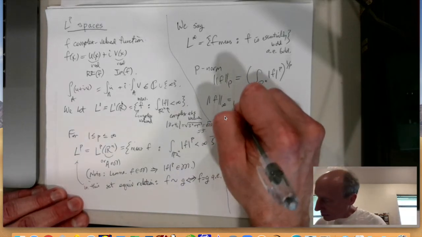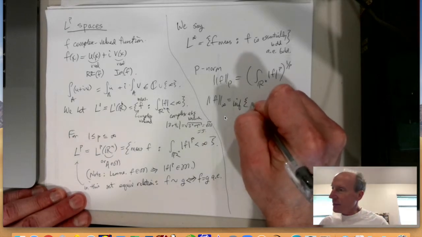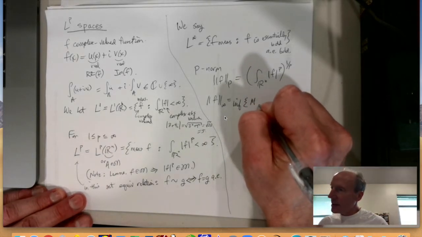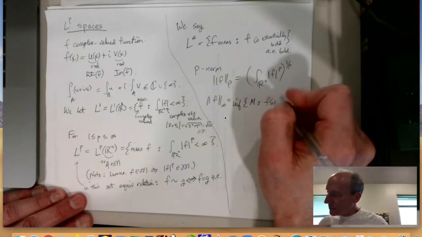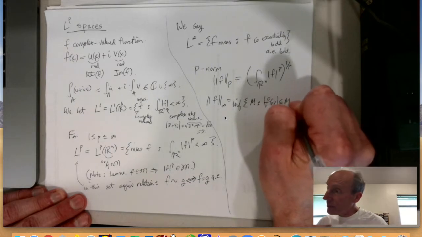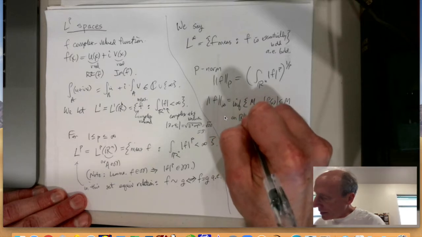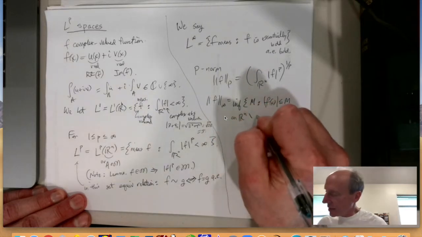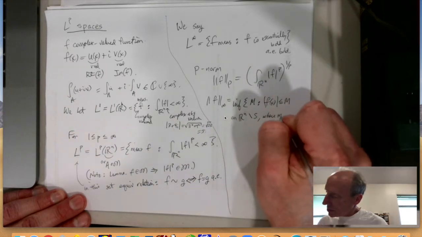Well, actually, you have to write it as the infimum of a number M such that the absolute value of f of x is less than or equal to M on Rn minus some other set S, where the measure of S equals 0.